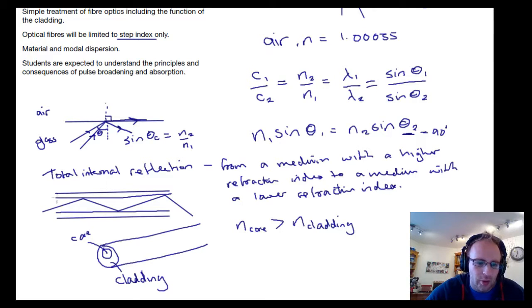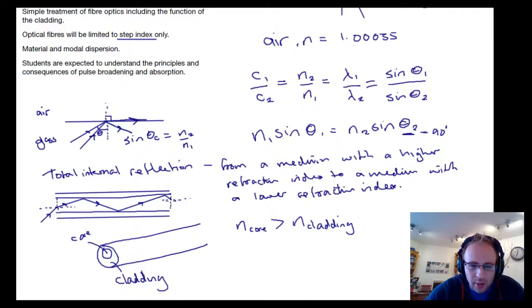If we ignore refraction at these two boundaries, which in an exam you wouldn't. Coming in, we get a bending towards the normal, so maybe it came in like that, bent towards the normal.